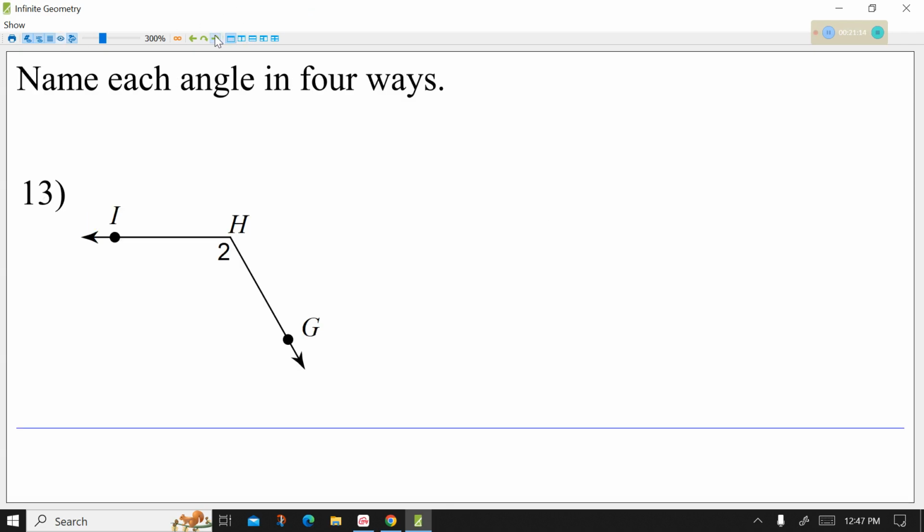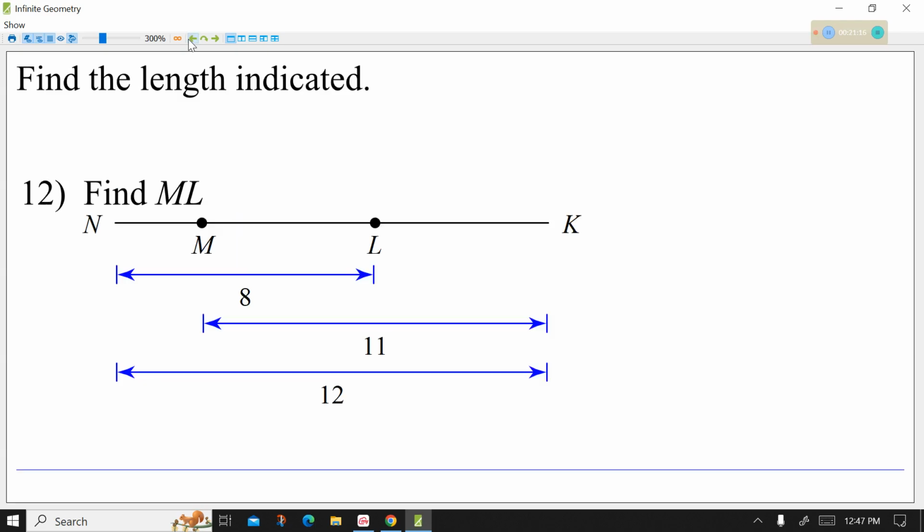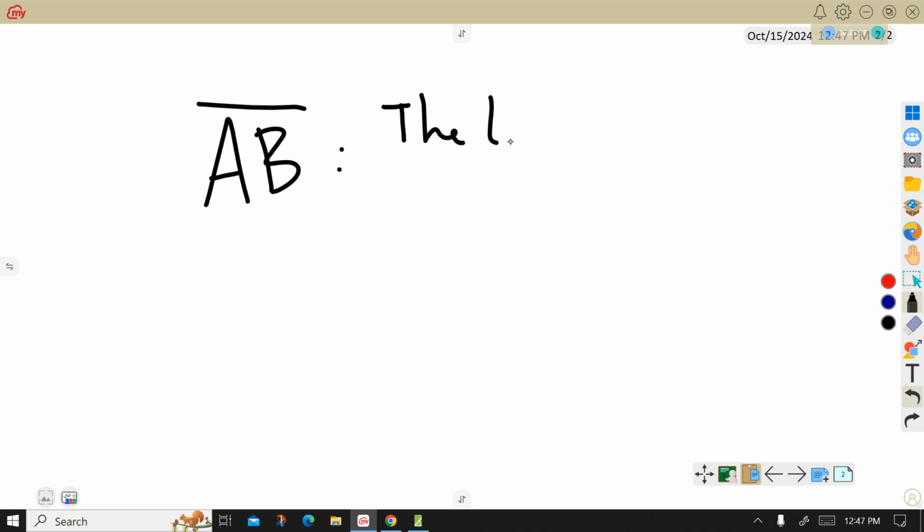Okay, so we're going to call this video the line segment addition postulate video. I hope this introduced you to the idea of how we're talking about lines and line segments. One last thing that I want to mention in this video is the difference between these two notations. If I write AB with a line on top of it, the way that we read this is the line segment AB.